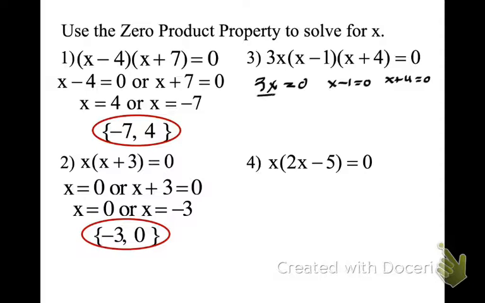Okay, and I'm dividing by 3, x equals 0, x equals positive 1, x equals negative 4. I like to put my answers from least to greatest because I'm a math person and that's what we do. But you don't have to. It just would be nice for the teacher who's grading your work.